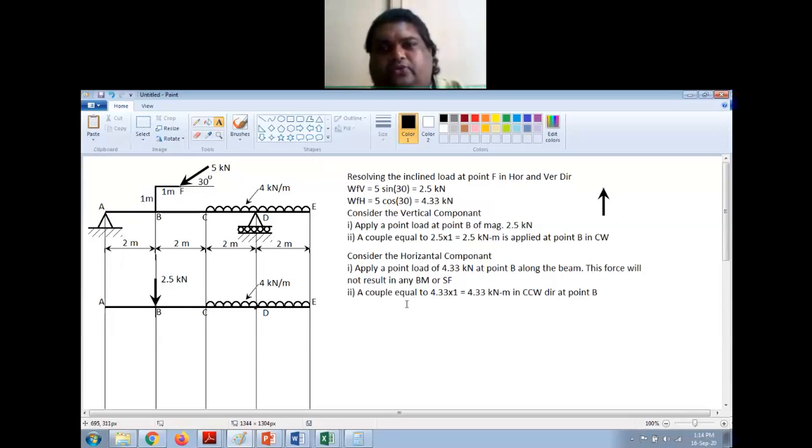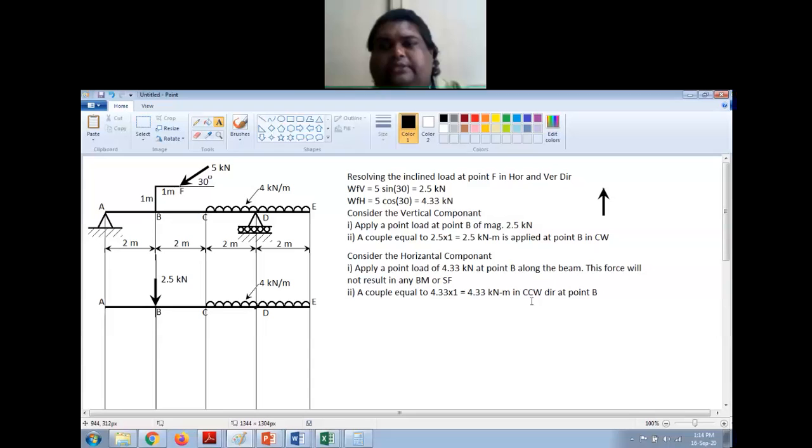Now, if you see at point B, I have two couples, correct? One is 2.5 kilonewton meter in clockwise direction, and another one is 4.33 kilonewton meter in counterclockwise direction.